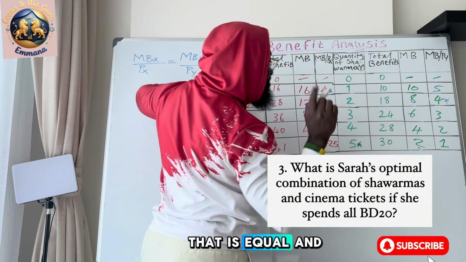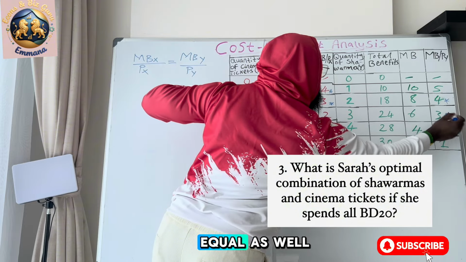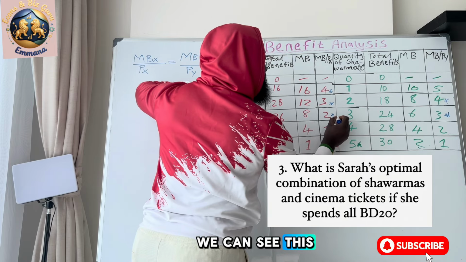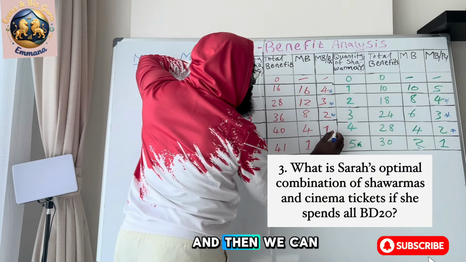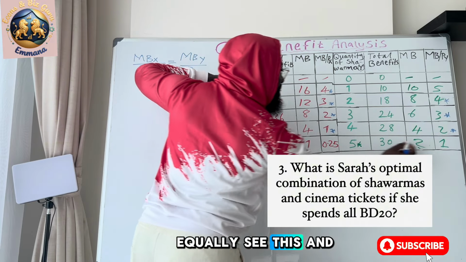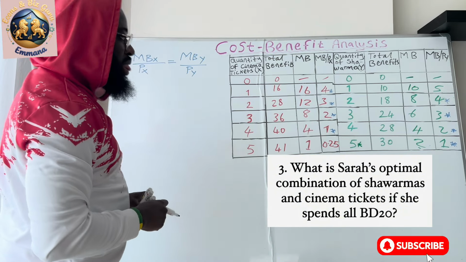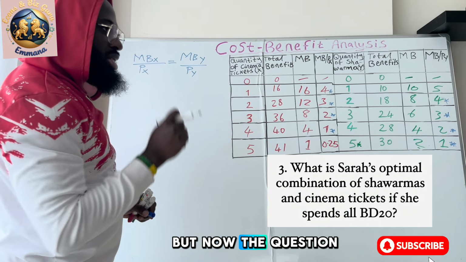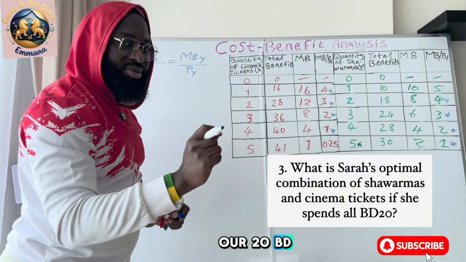That is equal. And we can see this and this are equal as well, and this and this are equal. But now, the question says she spends all her 20 BD.